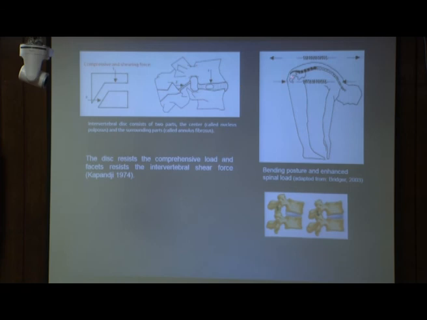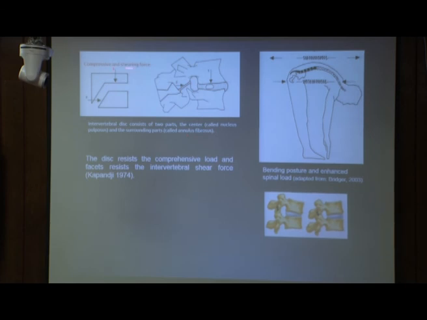One side is getting compressed, and the other side is expanding. While there is compressive force, the intervertebral disc consists of 2 parts. The central part is called the nucleus pulposus, and the surrounding part is called the annulus fibrosus. This is regarding the intervertebral disc.